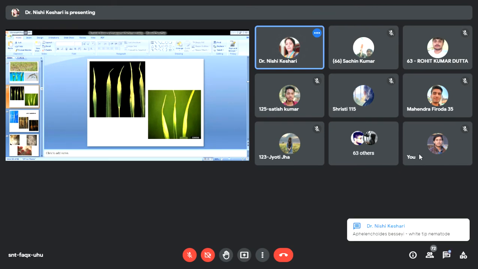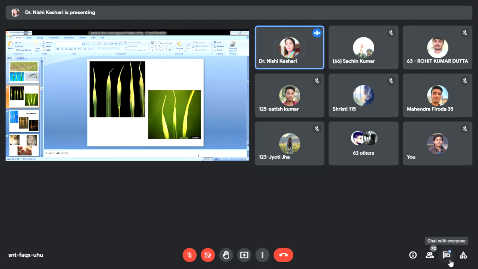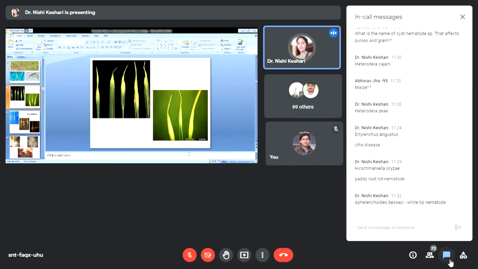Okay, Aphelenchoides besseyi, what we have written here, is also an ectoparasitic feeder nematode occurring on the shoot part, and because of their feeding, the tip part of the leaves of paddy become white. This symptom is called white tip disease, and the nematode is called white tip nematode.